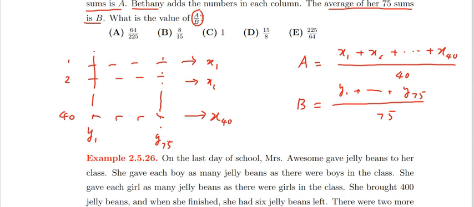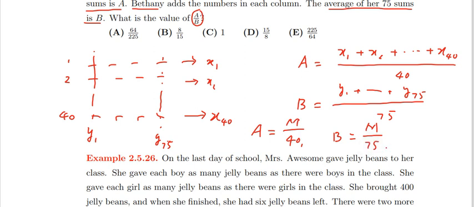So A over B is this number over this number. The key point is that x1 plus x2 plus up to x40 is just the addition of all those numbers, so this equals y1 plus y2 plus up to y75. We let this number be m. So A equals m over 40, and B equals m over 75.